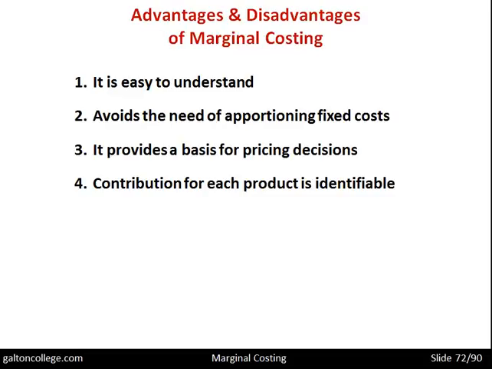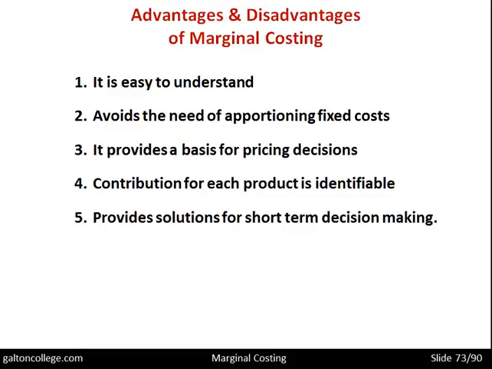The contribution of each product is identifiable. They're able to work out how much each product is contributing towards the profitability of the business. It provides solutions for short-term decision making. I say short-term decision making, if it's adopted by the business, it's short-term in the sense that the managers are able to monitor what's happening in the marketplace in terms of sales and what the competitors are doing, but they're also able to monitor their own costs in the short run.